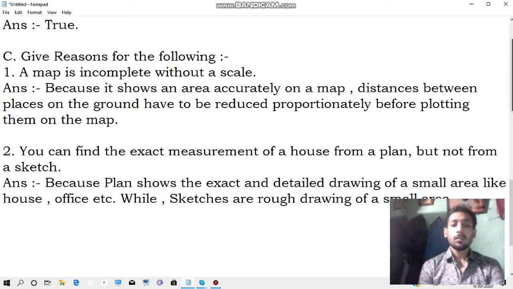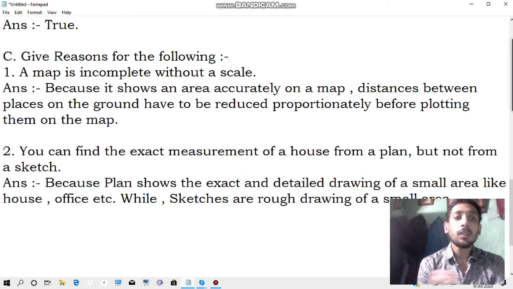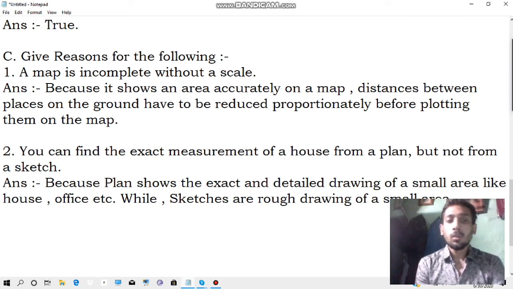In plans, the area is much smaller than a map too. The areas covered by plans are house, office, building, apartment, etc. So due to the smaller area, it gives a perfect measurement of each part.